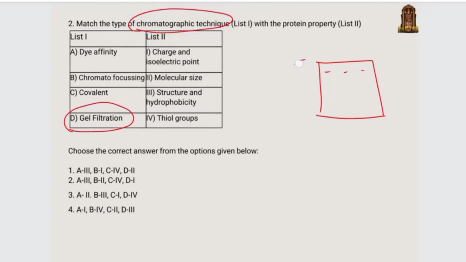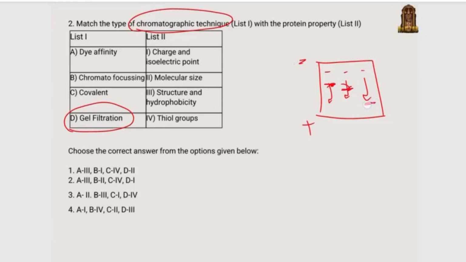Now you will make a negative charge shell, and it will run toward the other end. The proteins having the higher molecular mass will not run too long, so they will make a band here, and the middle one will be there.